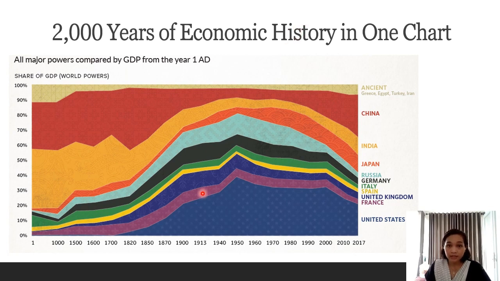The fourth part is the 20th century, or modern globalization and world wars. This is the expansion of global trade, the world wars, and the establishment of international organizations such as the United Nations, the IMF, and the World Bank.